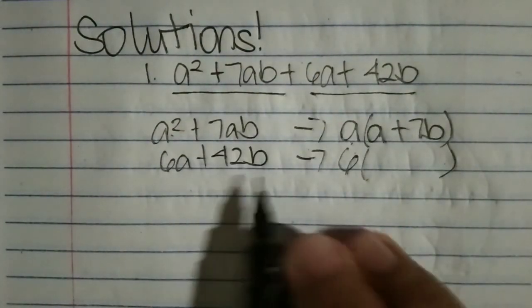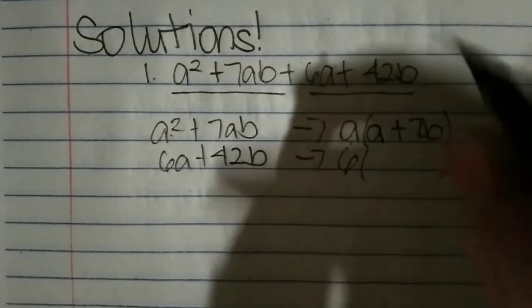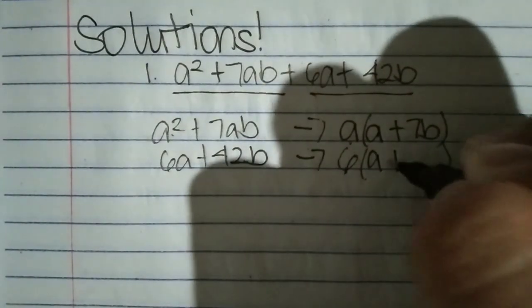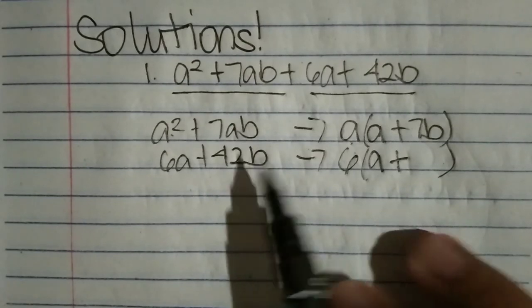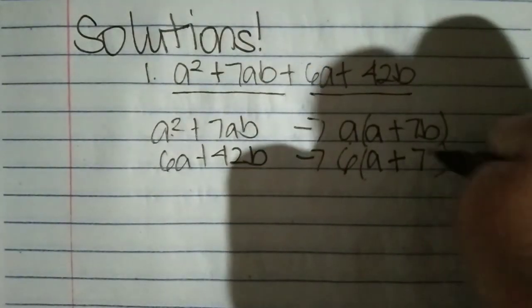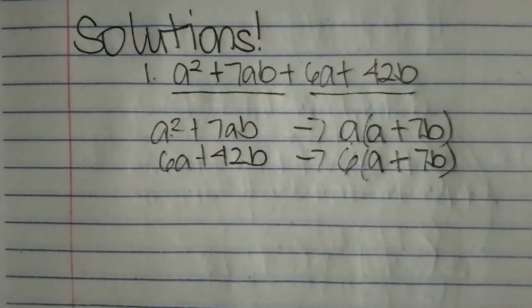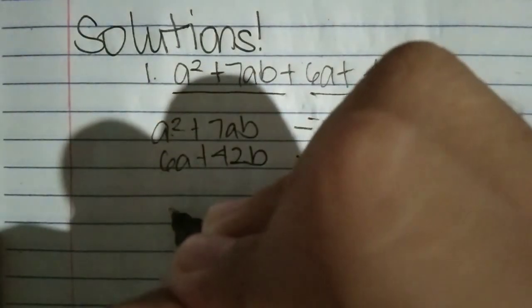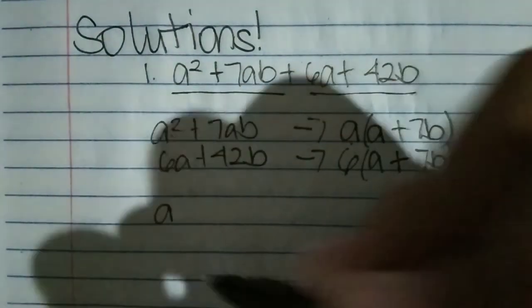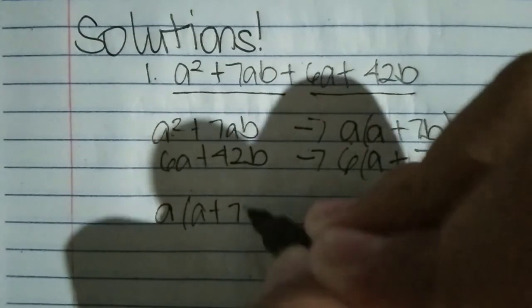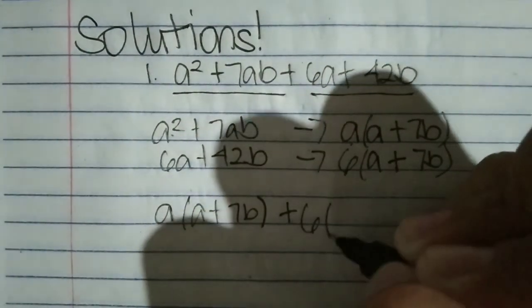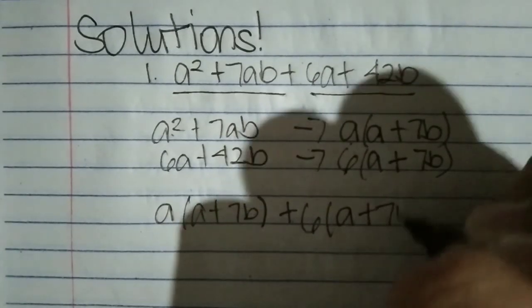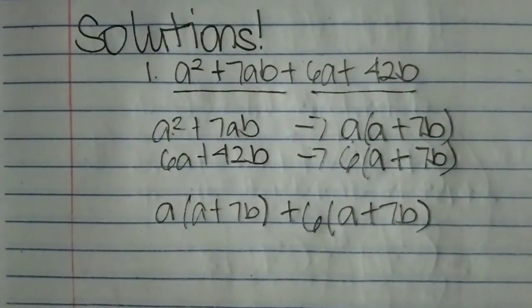We have 6a over 6 is a, plus 42b divided by 6 is 7b. Then we get a multiplied by quantity a plus 7b, plus 6 multiplied by quantity a plus 7b.